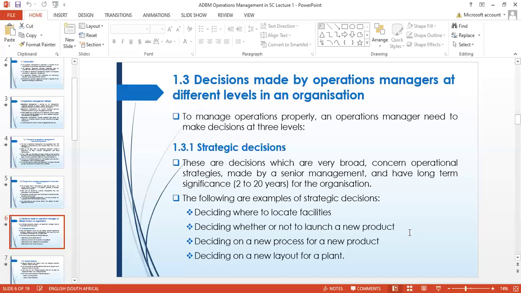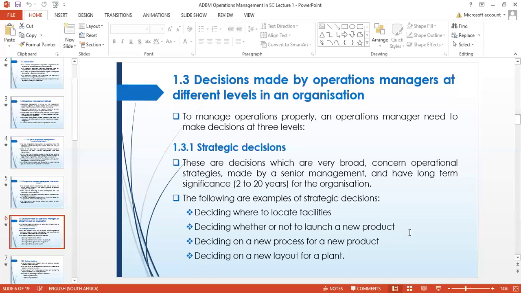This is the highest level. These strategic decisions are broad. And they deal with the operational strategies, coming up with plans and strategies for the operations management department. And they are made by senior management. Because this is the highest level, it is dealt with by the senior managers.